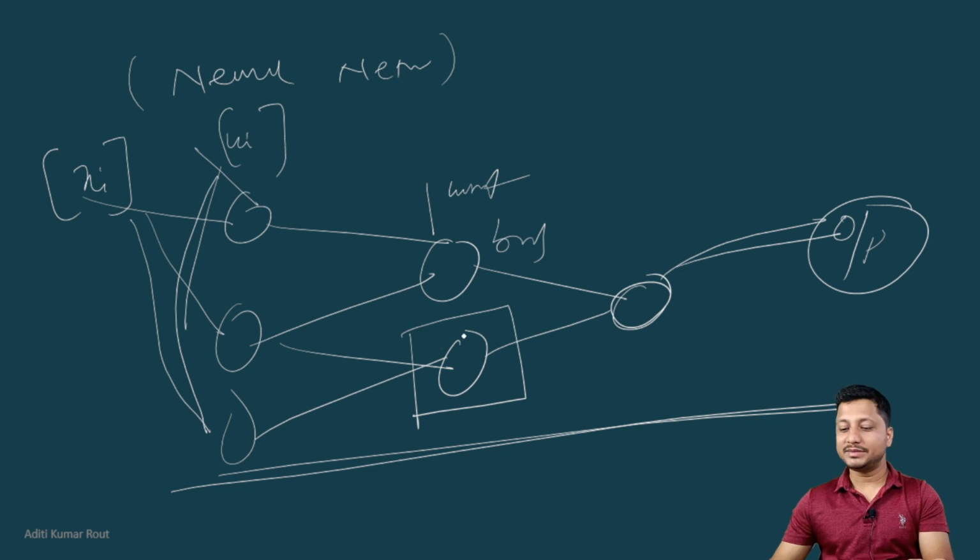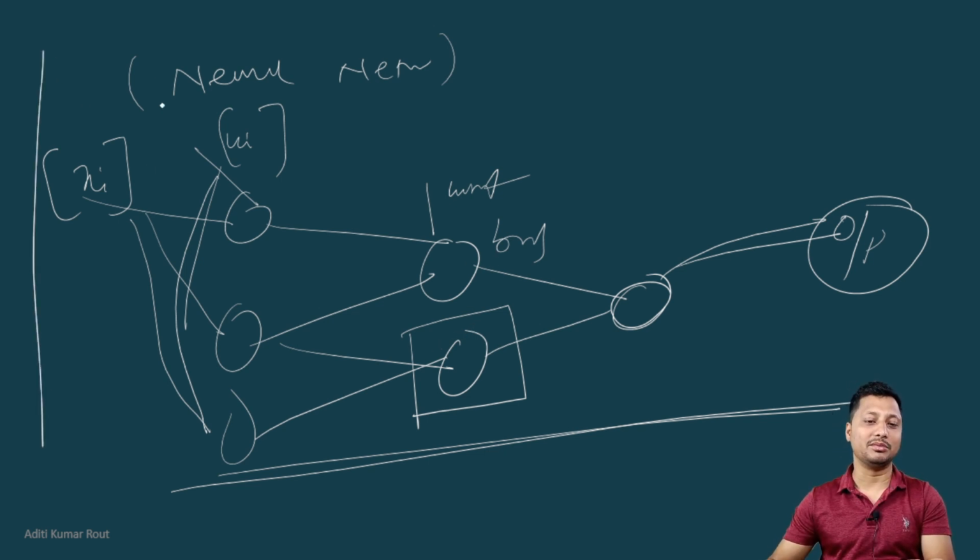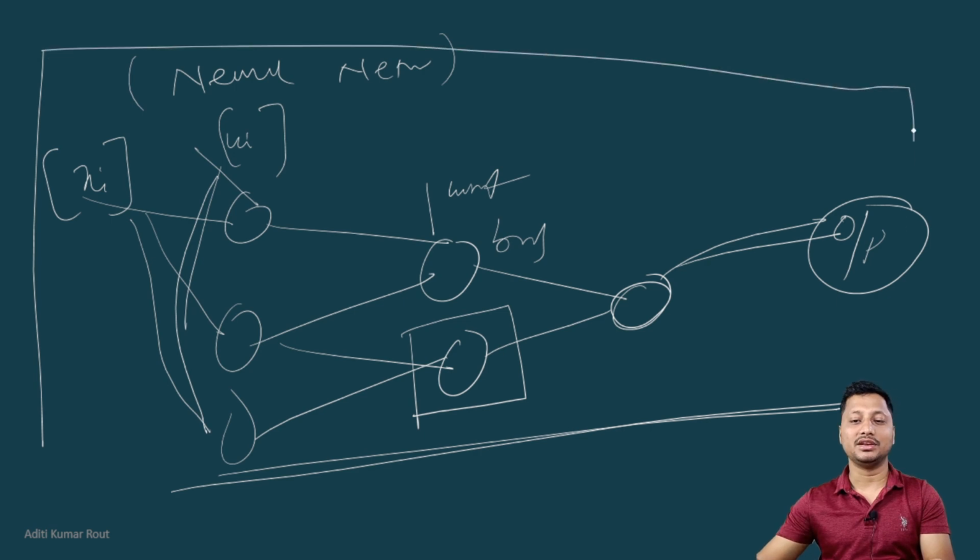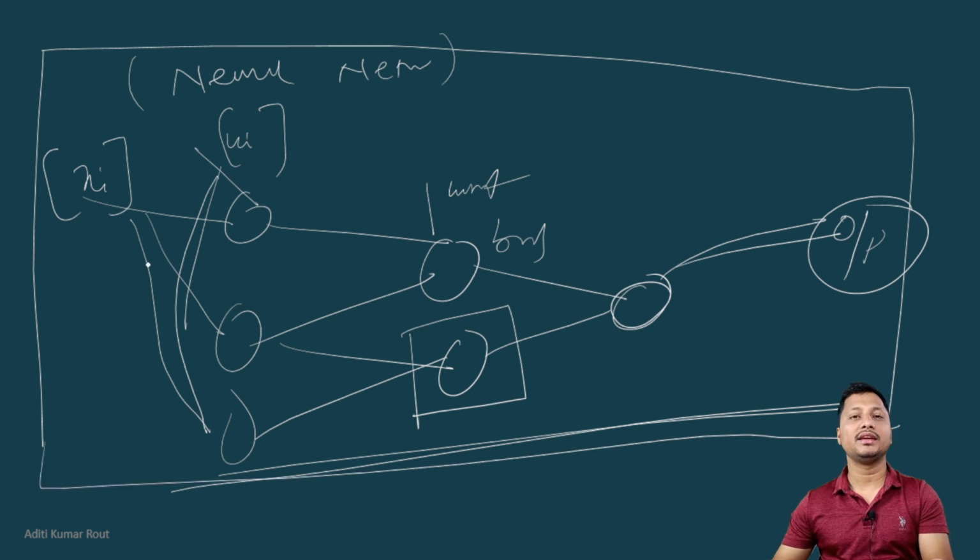This is basically the beauty of the deep learning model, or artificial neural network. How the human brain neuron works, the artificial neural network is built on top of the same logic or same intuition.